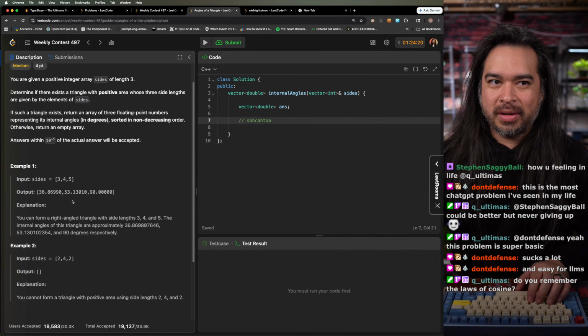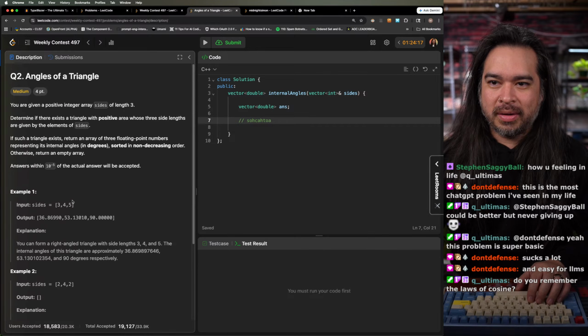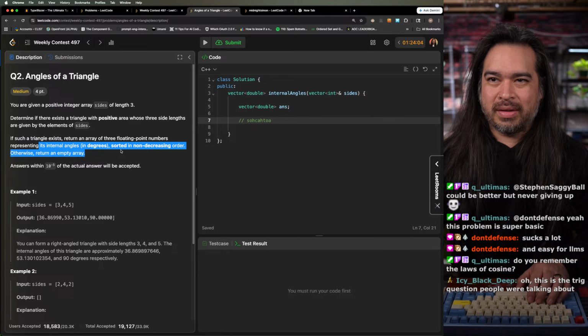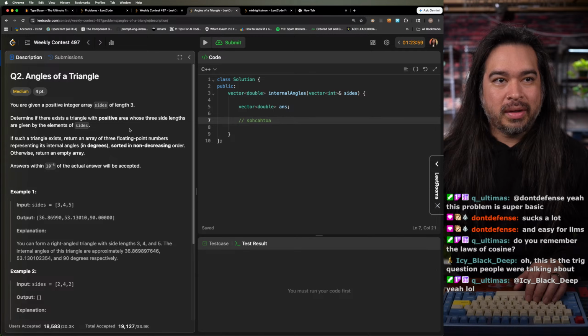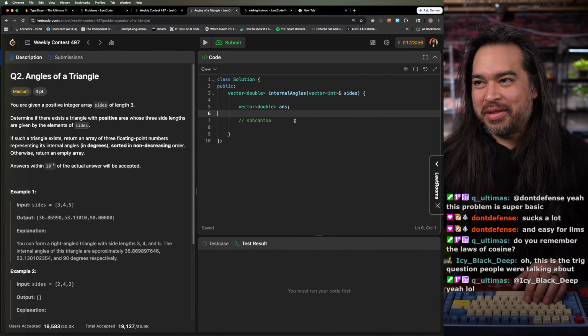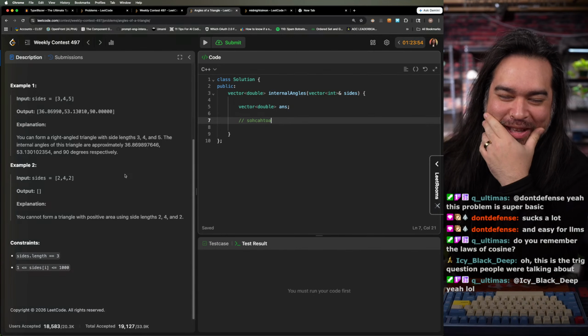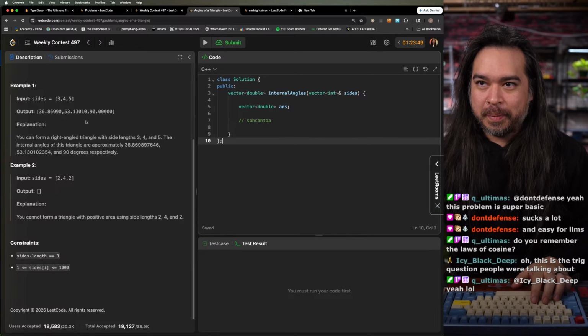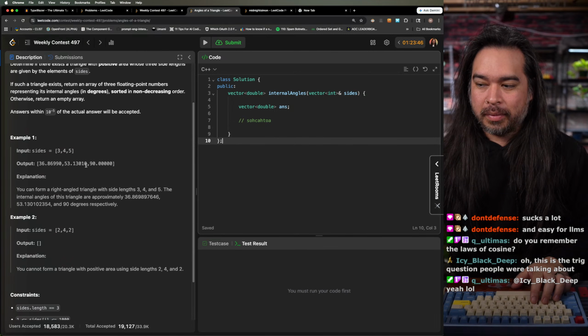But then, do you remember the laws of cosine? Why would I remember that, man? Alright, do I have to draw something out? How do I know if it's gonna be a right angle or not?